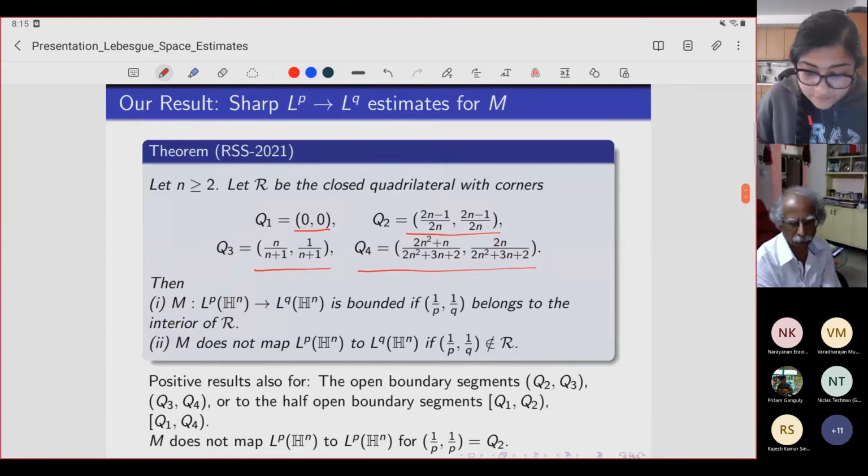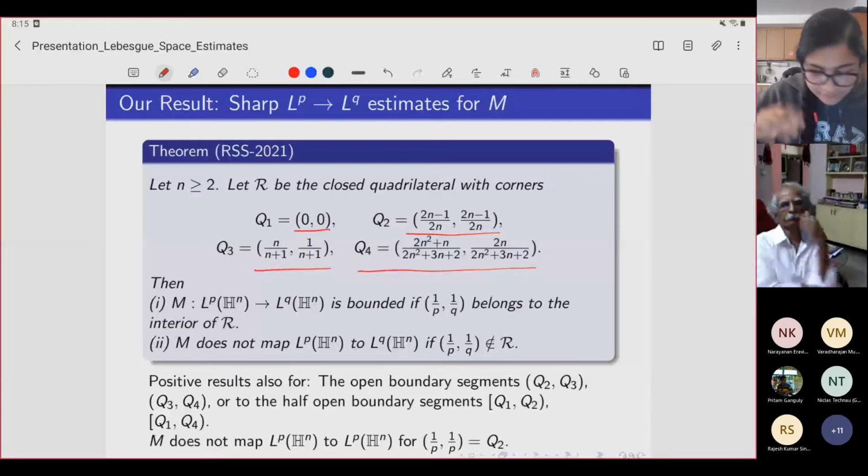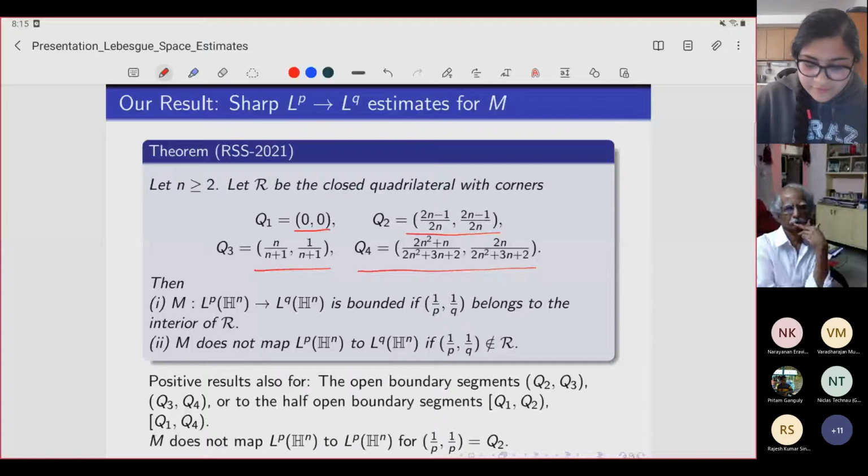And our result is also almost sharp in the sense that we prove that M maps LP to LQ, M from LP to LQ is bounded if (1/P, 1/Q) belongs to the interior of this region, of this quadrilateral. Also, if (1/P, 1/Q) belongs to the exterior of the quadrilateral, then we show that M is not bounded from LP to LQ.